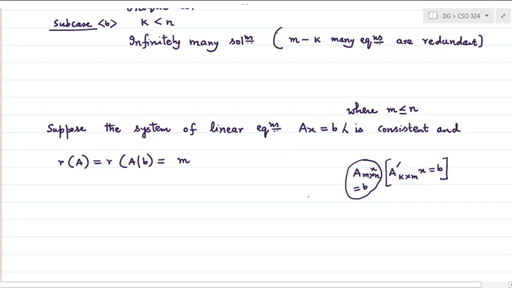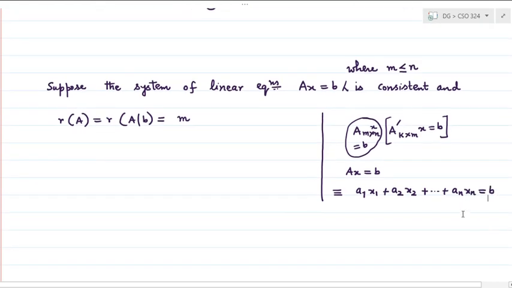Let's suppose this system Ax equals B is to be solved, and Ax equals B can be equivalently written as A1 x1 plus A2 x2 plus ... plus An xn is equal to B. Fine. And you note that the rank of the matrix A is equal to m.